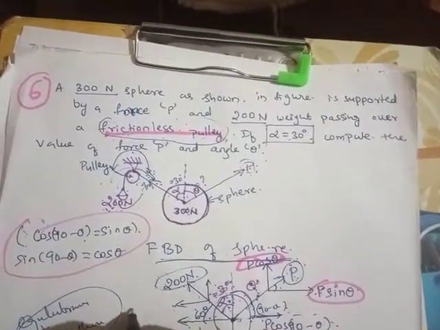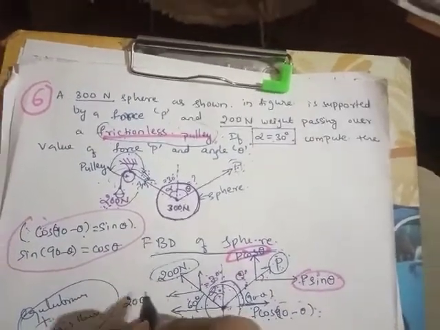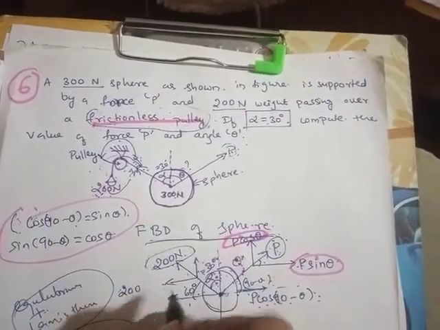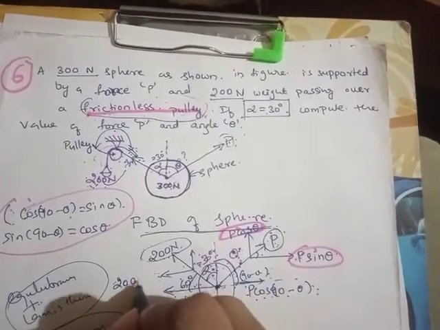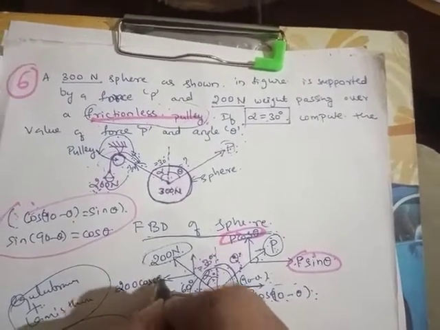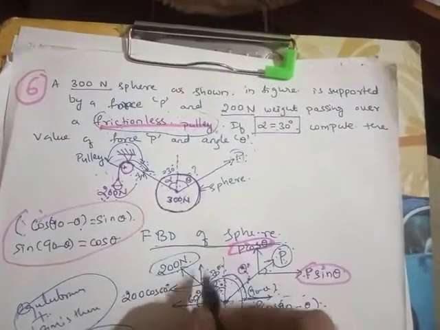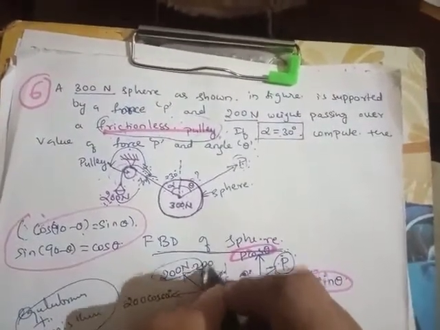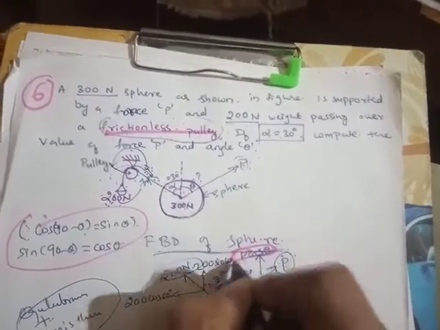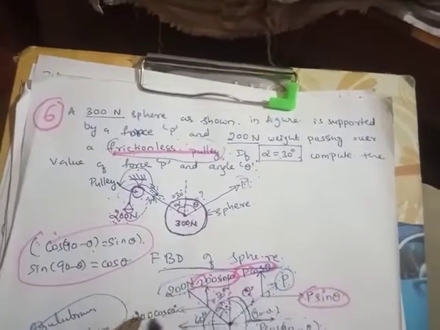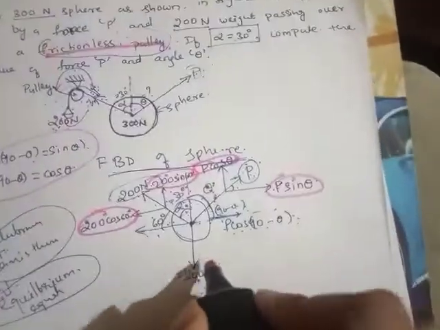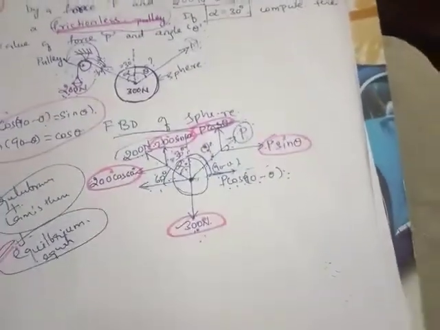That is 200 cos 60 is the horizontal component. And similarly here the vertical component is 200 sine 60. So I am highlighting it, 200 sine 60, 200 cos 60. Another one is the vertically downward load of 300 Newton.